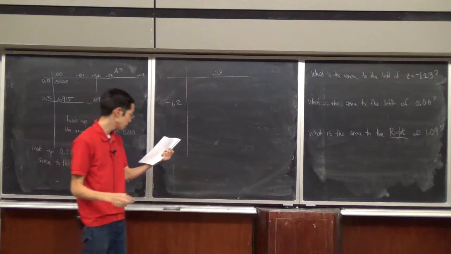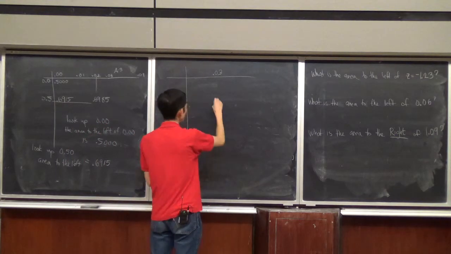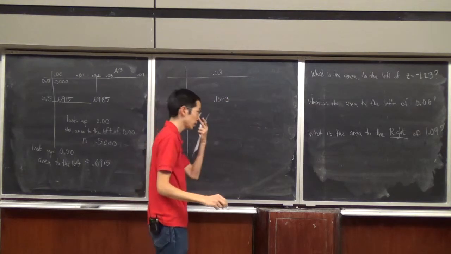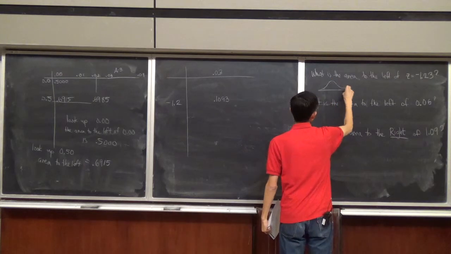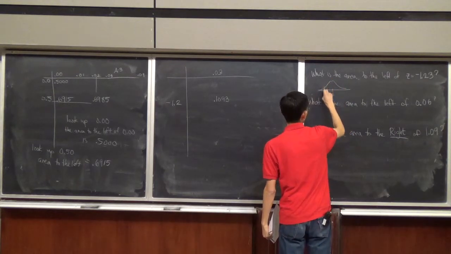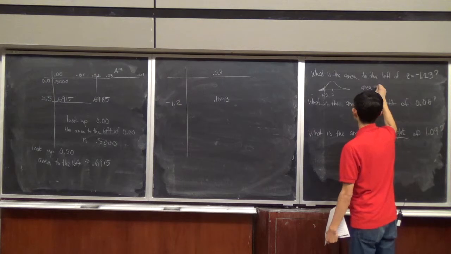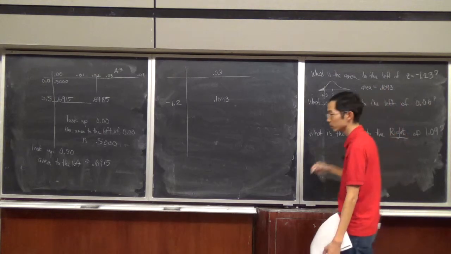And what do I find there? Negative 1.23, I get 0.1093. Okay. So that means if I draw a line at negative 1.23 and shade everything to the left, the area is equal to 0.1093.